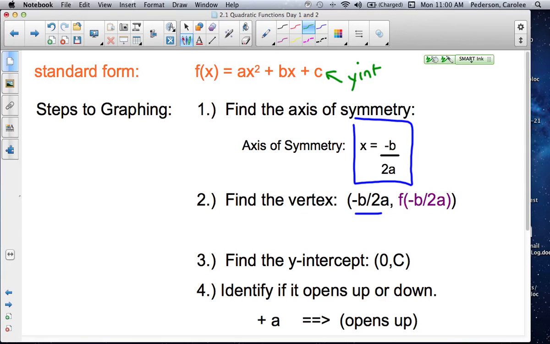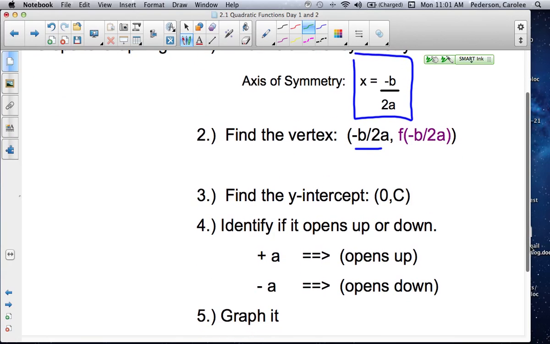If a graph opens up, it's going to have a positive a. The graph will open down if it has a negative a. We'll give you a little bit of time to take that in, and then we have one example on the next slide using the standard form.